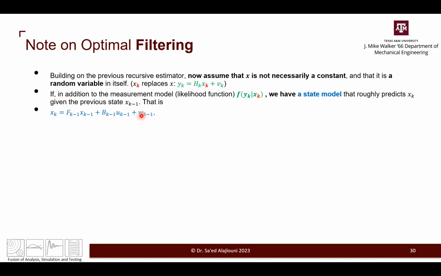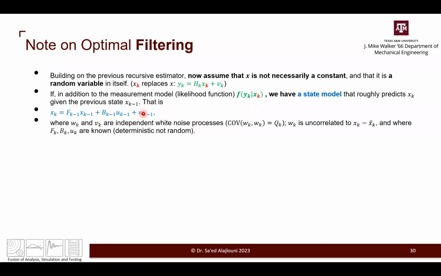And w is something to quantify maybe the modeling inaccuracies in our model, or it could be an external disturbance. But we will assume that this w is a white noise process. So W and V are white noise processes, and we're going to assume that they are independent, meaning that they're uncorrelated.